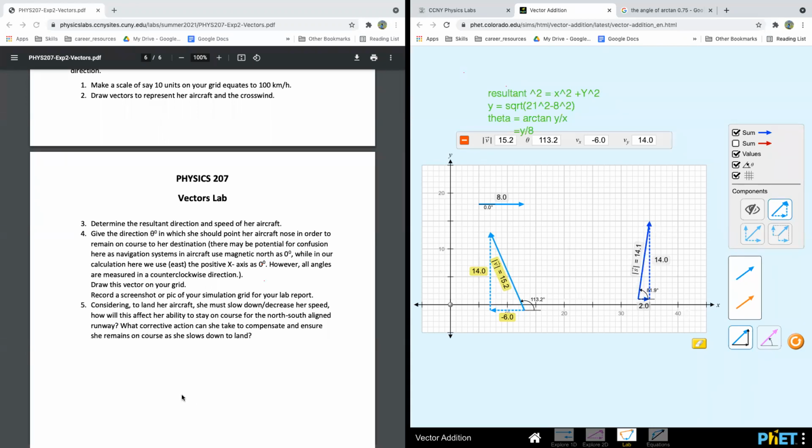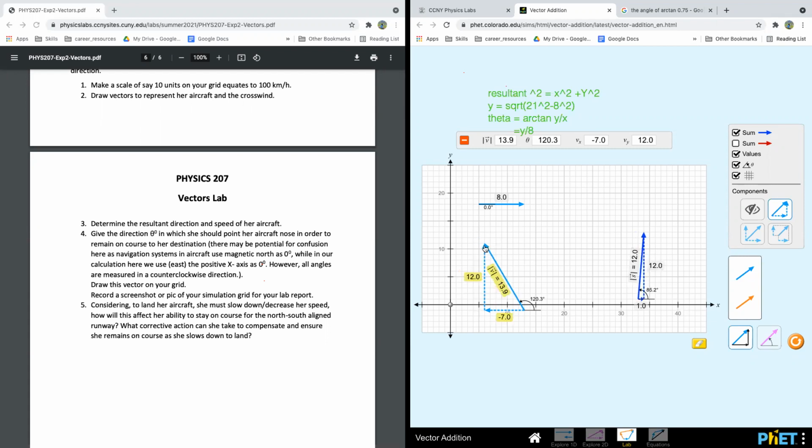So this is the consequence. And what corrective action can she take to compensate and ensure she remains on course? So what she can do is adjust the direction even more west. You see, when it's decreasing, now it's 15.3, but she still remains on course by having a bigger angle, right?